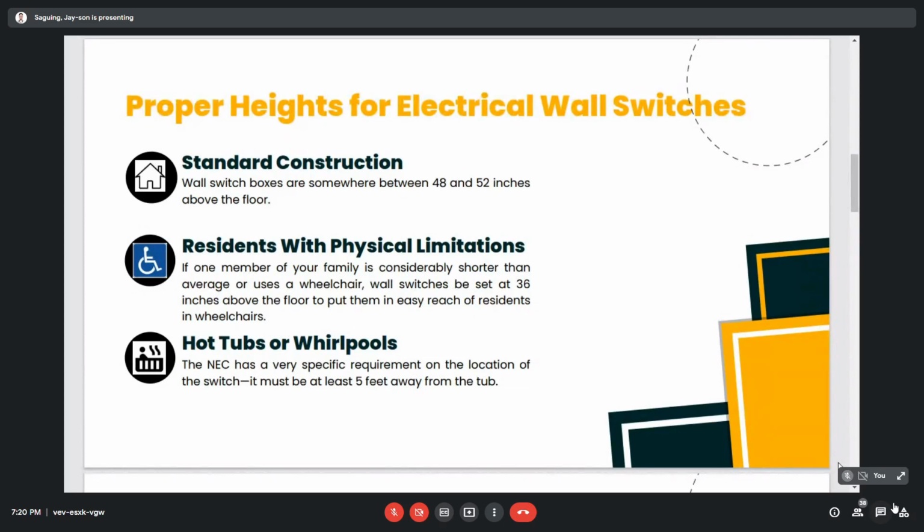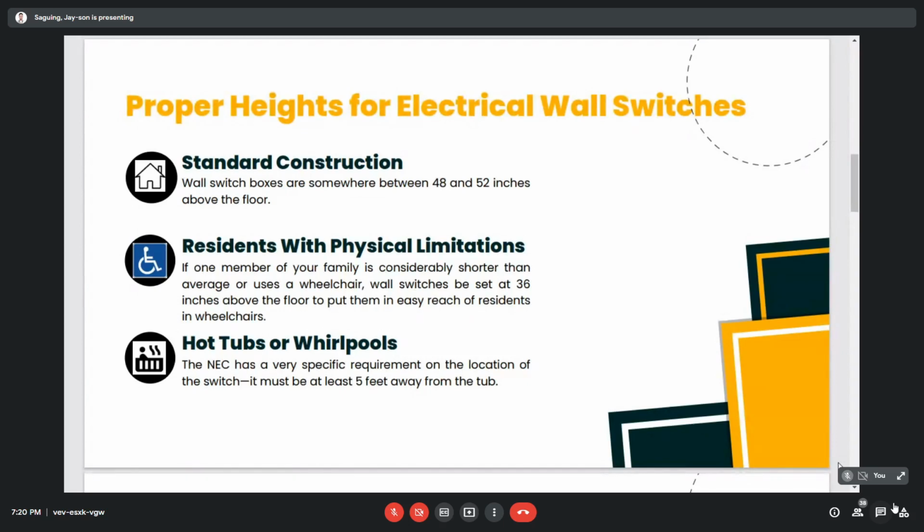Next is hot tubs or whirlpools. Switches are usually not placed there, right?